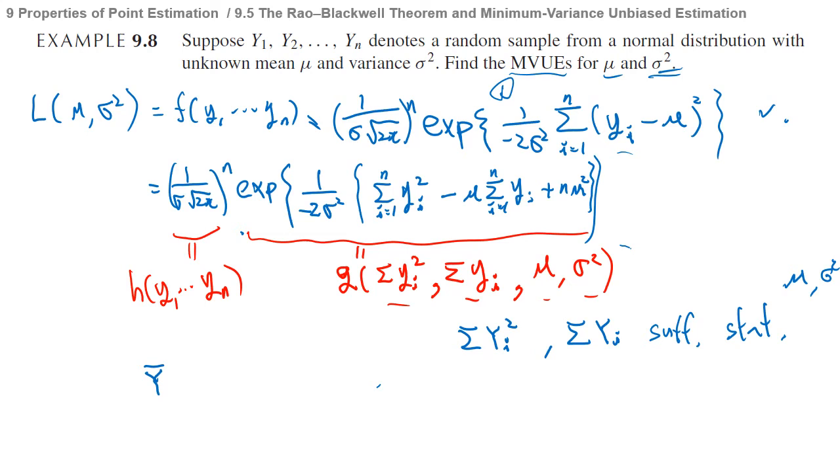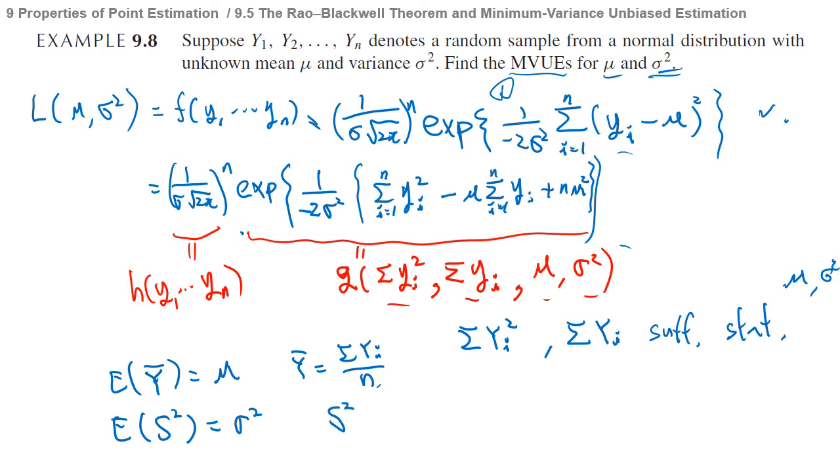Okay, and what we know is that y bar is an unbiased estimator for mu, and also the expected value of s square is sigma square. Actually, y bar is a function of the sum of yi, since y bar is the sum of yi divided by n. And s square is 1 over n minus 1 times the sum for i equals 1 to n of yi minus y bar squared.